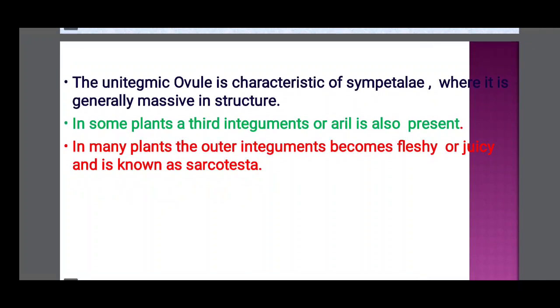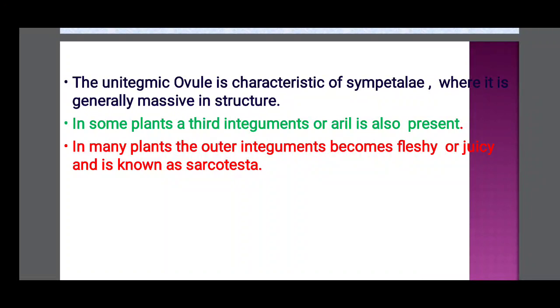The unitegmic ovule is characteristic of Sympetalae in the Bentham and Hooker classification, that is the Gamopetalae, where it is generally massive in structure. In some plants, a third integument or aril is also present.